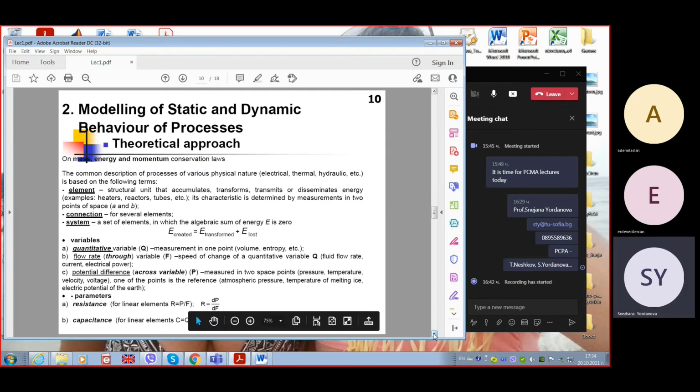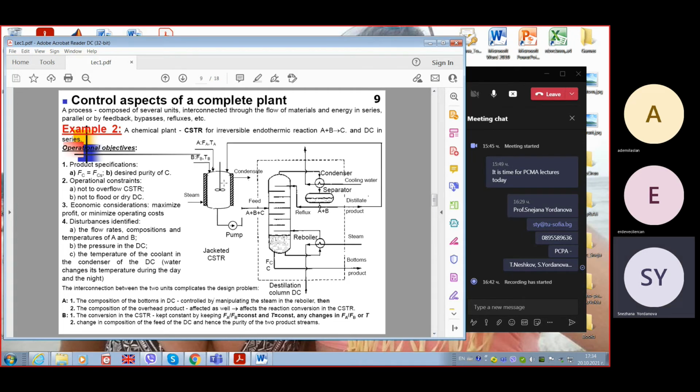So what we have here is two installations which are connected, so that the final goal is to separate. Let's explain each installation. The first is a jacketed, constantly stirred tank reactor, which means a chemical reaction takes place between these two reagents. A feeds this reactor with flow rate Fa and initial temperature Ta.